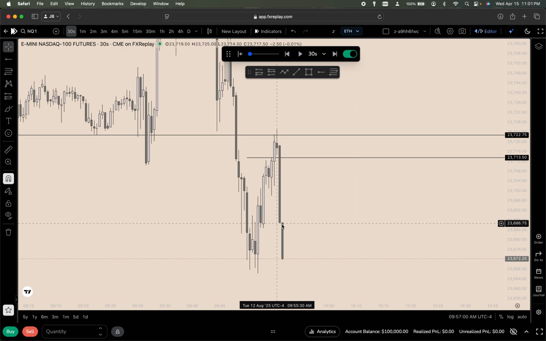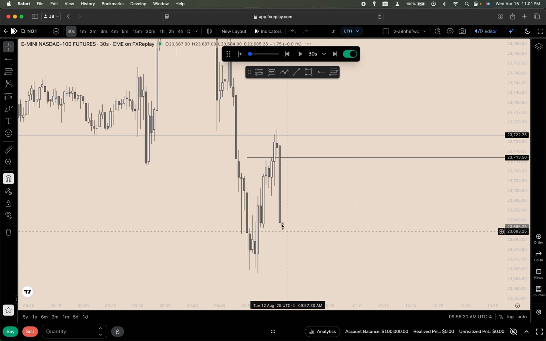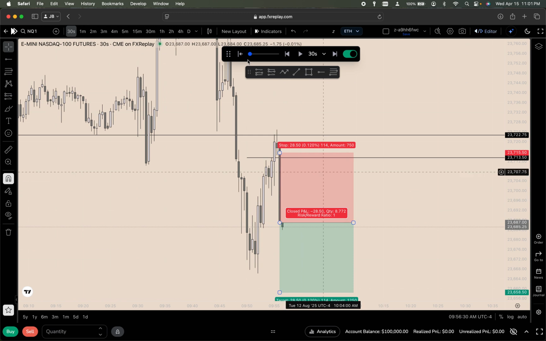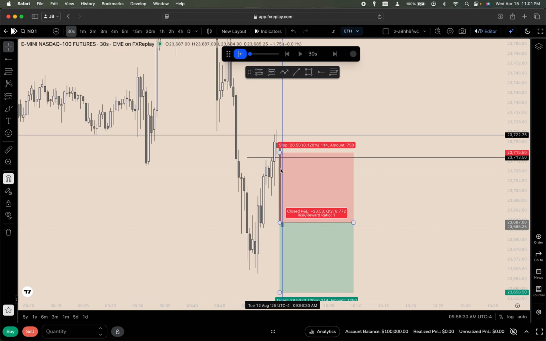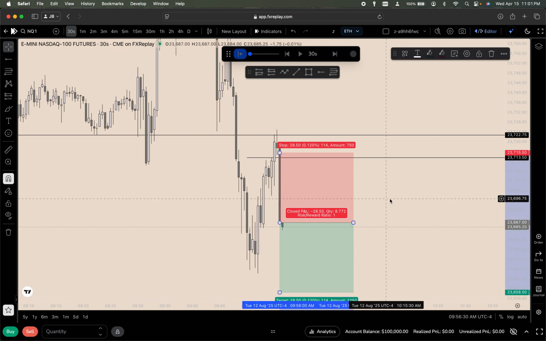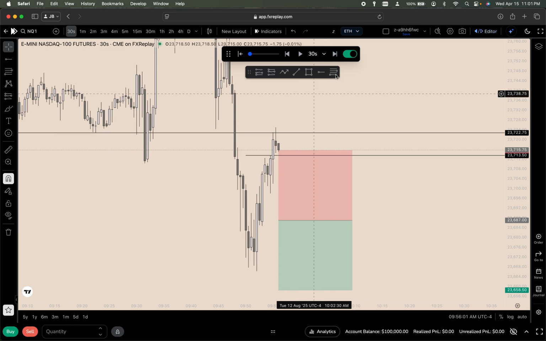Okay, we get a super displacing 30-second close right here. I don't know how to get this back to the entry area. Okay, so we get this super displacing, if this will load.